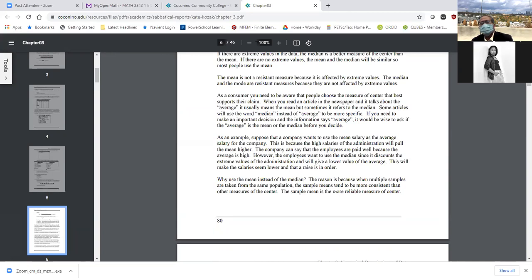The reason is that when multiple samples are taken from the same population, the sample means tend to be more persistent than the other measures of center.